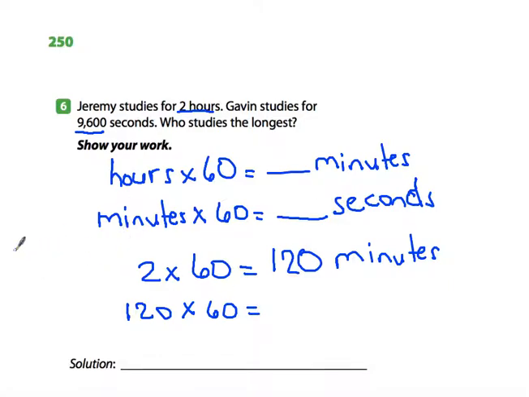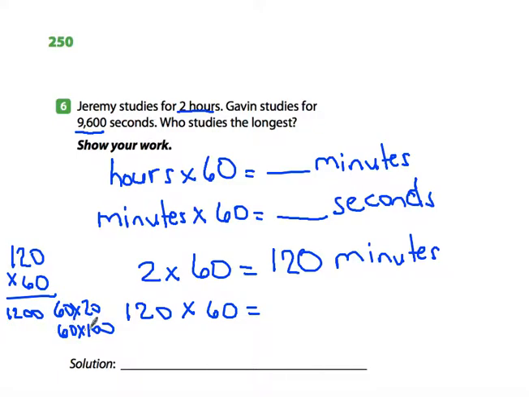I'm going to do 120 times 60. And here I have 60 times 20, and that's going to be 1,200. And then I'm going to have 60 times 100, and that is going to be 6,000.